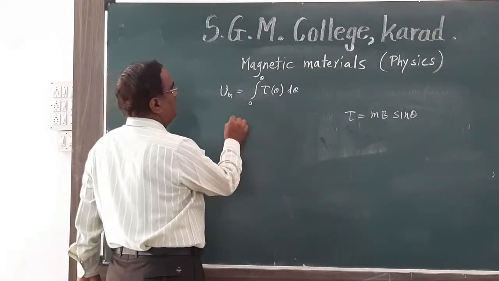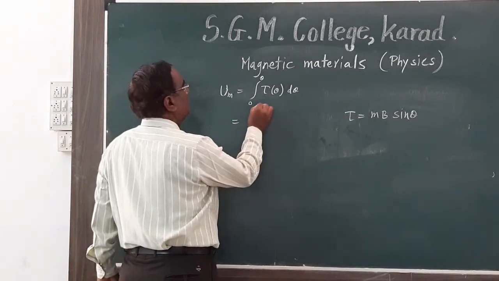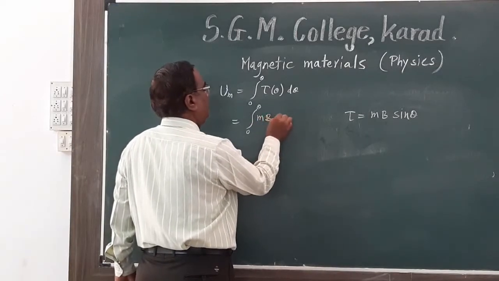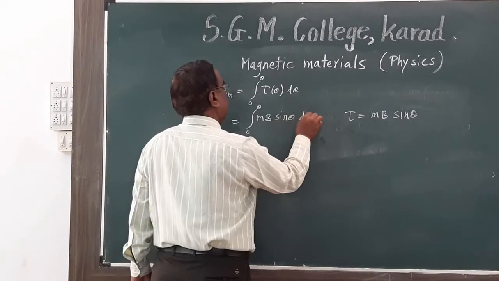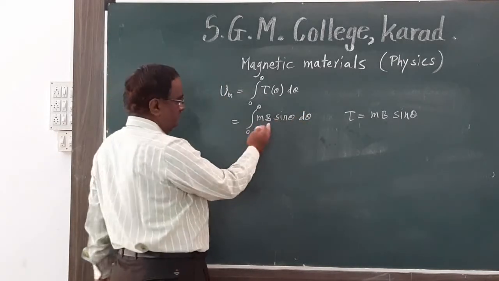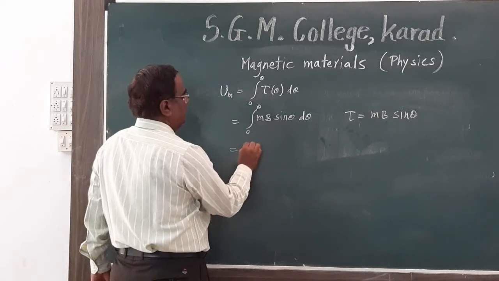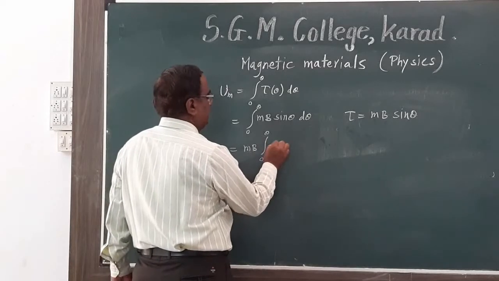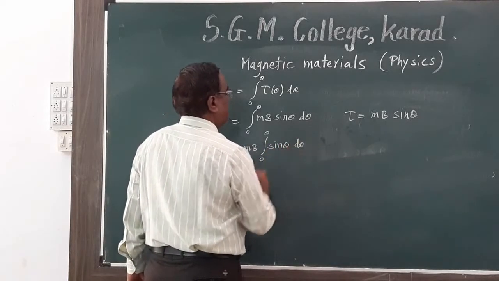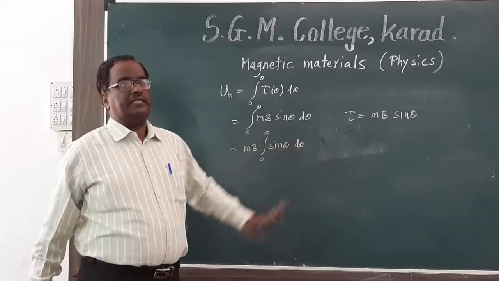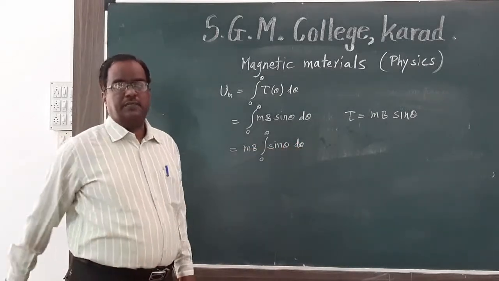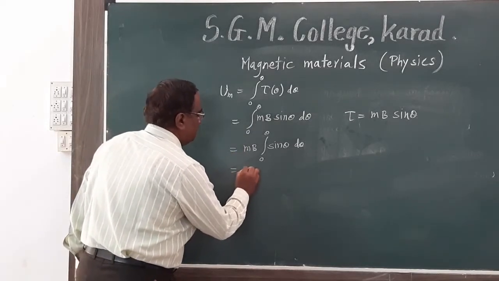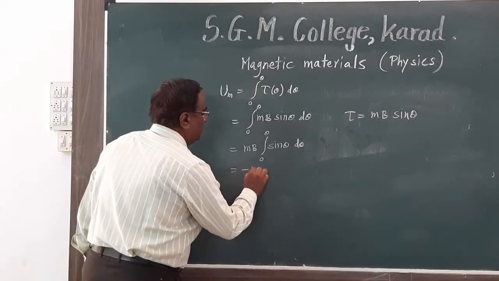We substitute this formula: integral from 0 to theta of m B sin theta d theta. m B is constant, we can take outside of the integration, m B times integral from 0 to theta of sin theta d theta. And integration of sin theta d theta, we know that it is minus cos theta plus constant. Therefore, final expression for energy is minus m B cos theta.